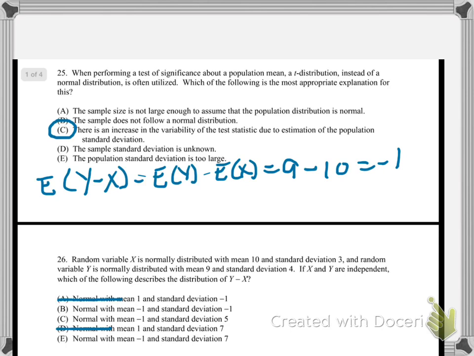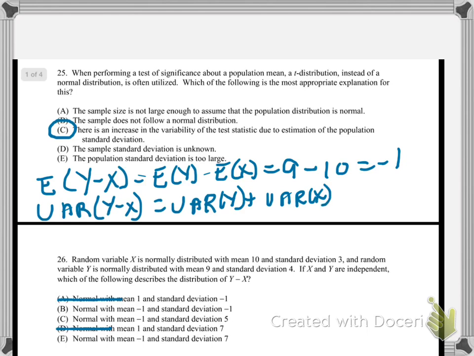Okay, now remember when we talk about standard deviation, we have to do variance. And remember when we subtract, we add. Okay, so I get 3 squared plus 4 squared, which gives me 9 plus 16, which equal to 25.